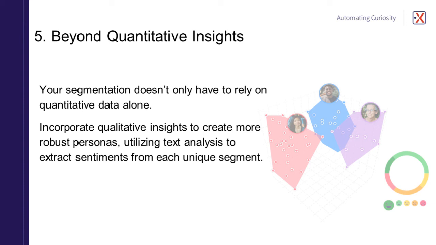At the end of the day, do people view my product or service in a positive way, in a negative way, or are they neutral: I don't care, I don't know what to think of your product or service.